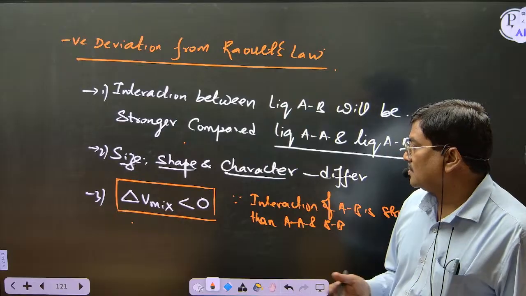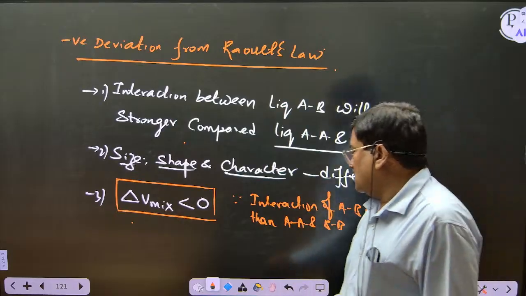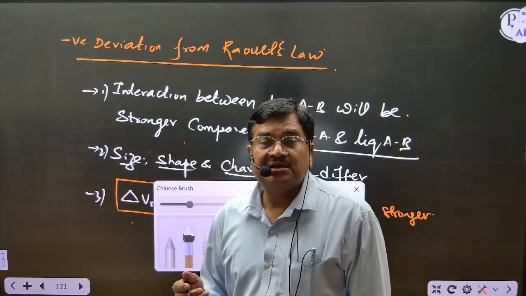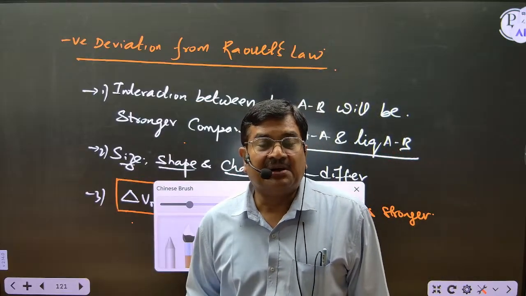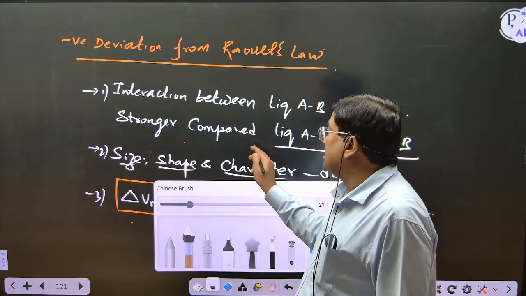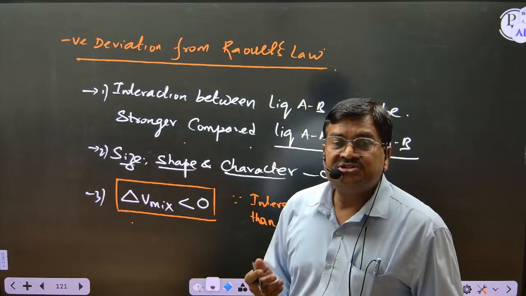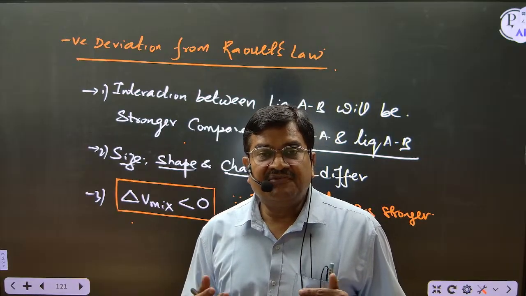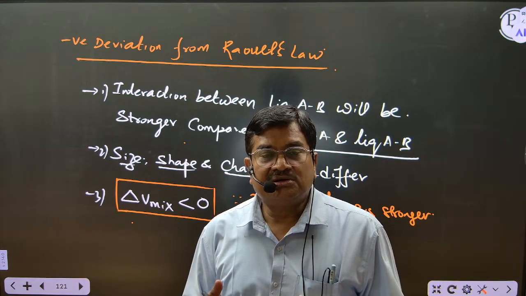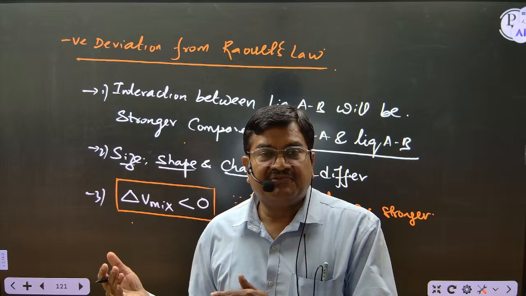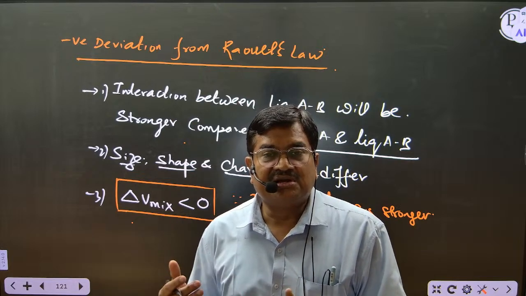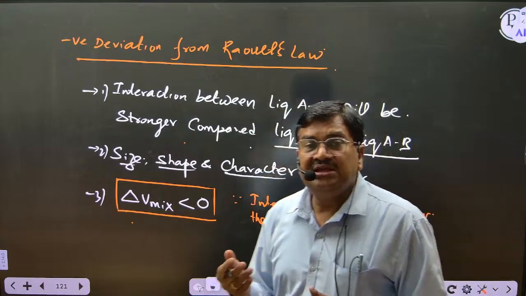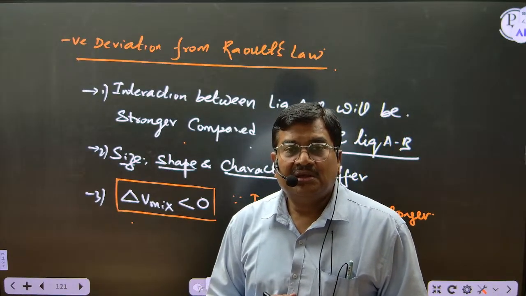Understood? So as the interaction of AB is stronger, the volume comes less than 100. Clear? Now tell me, how will the enthalpy change of mixing be? Enthalpy is the heat change accompanied. Will it be exothermic or endothermic? Since the interaction of AB is stronger, heat is evolved.